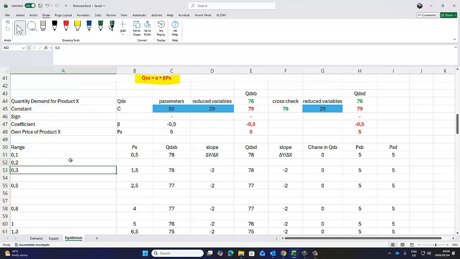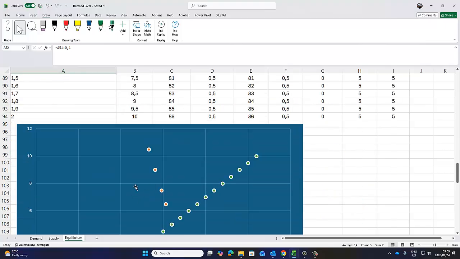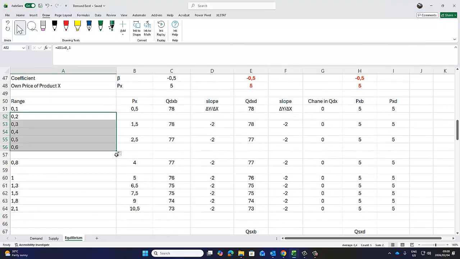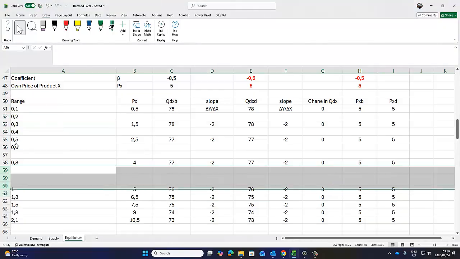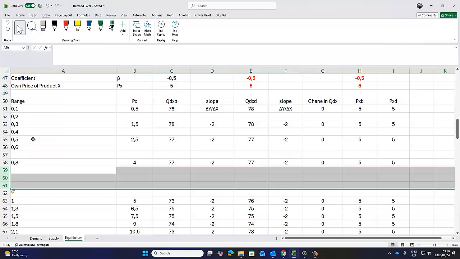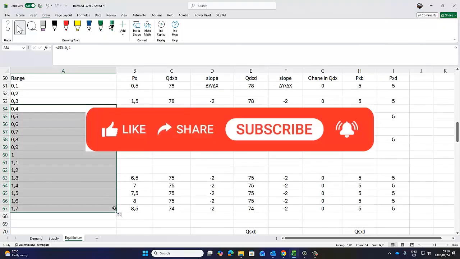I'm setting up a range of variables here. Why? Because then I can plot them in my graph. Because otherwise, if I only have 3 or 4, then the graph doesn't look very good. So that's just what I'm doing here. So all I'm doing here, and I want to get to 1 basically, or to 2. I think we're going to get to 2.